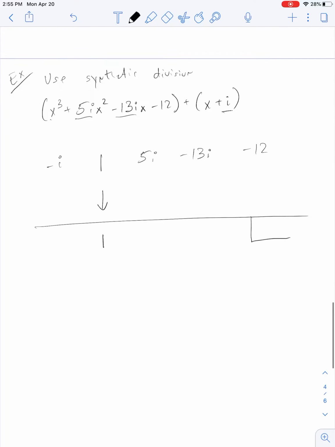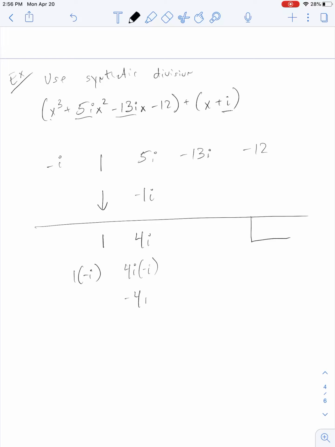That comes down. 1 times negative i, well, that's just a negative 1i. Add those, and we get 4i. Multiply. 4i times negative i.